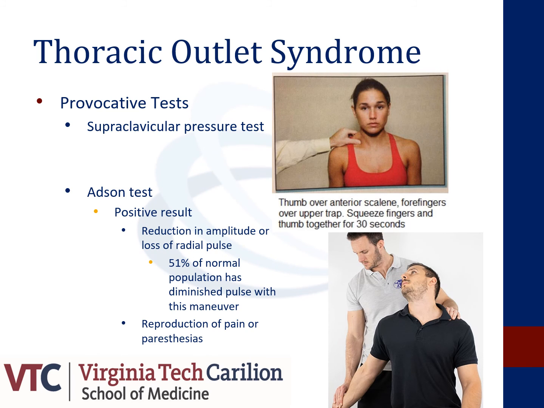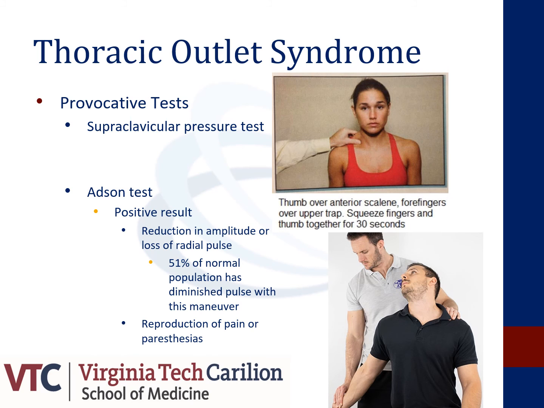There are several provocative tests involved in the evaluation of thoracic outlet syndrome. One is the supraclavicular pressure test. There is the Adson test, which occurs when the patient's arm is abducted 30 degrees at the shoulder and maximally extended.